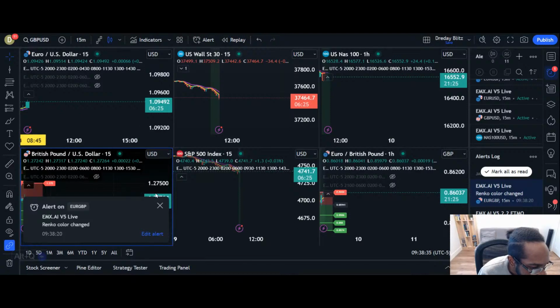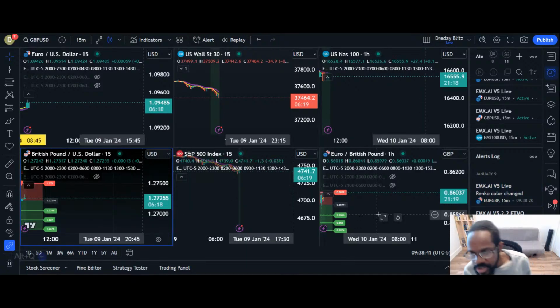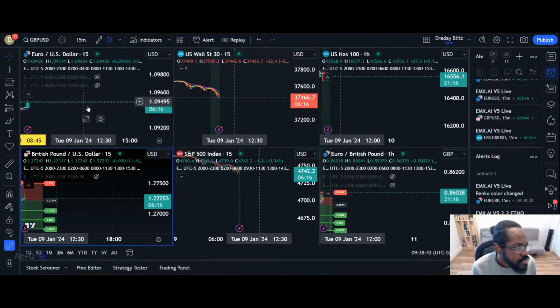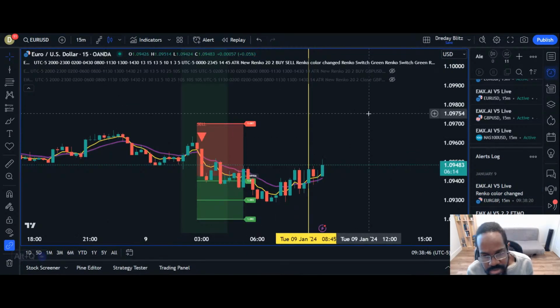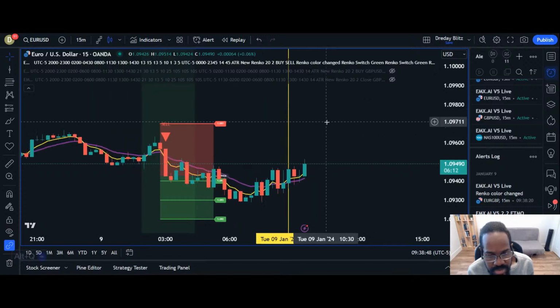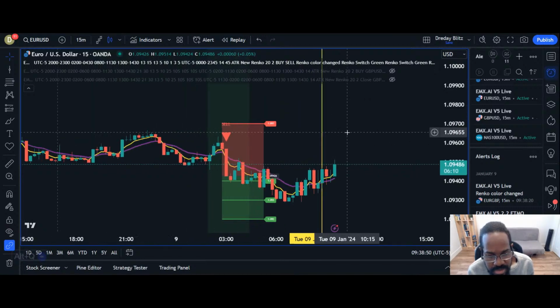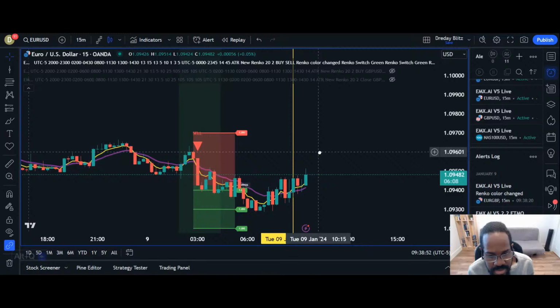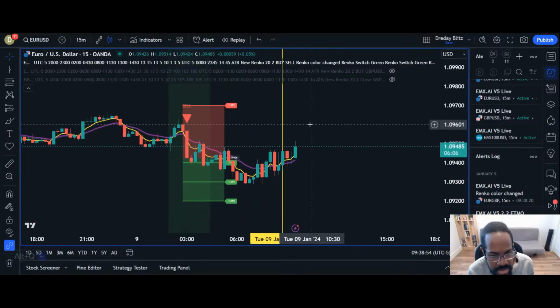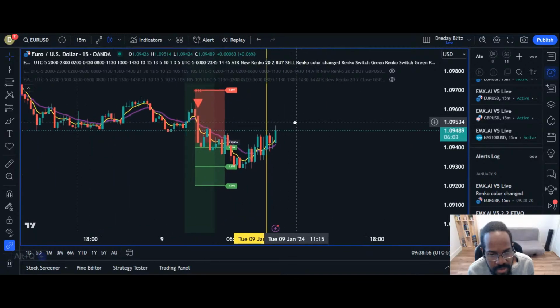So OGVP, color change. So that means that we're expecting to go long eventually. So we'll just have to wait and see.